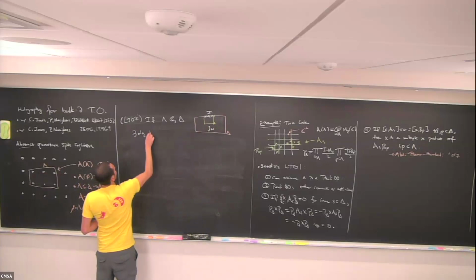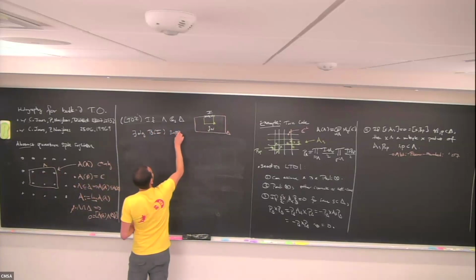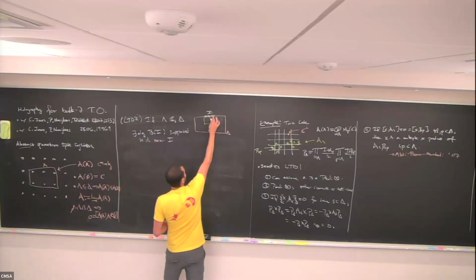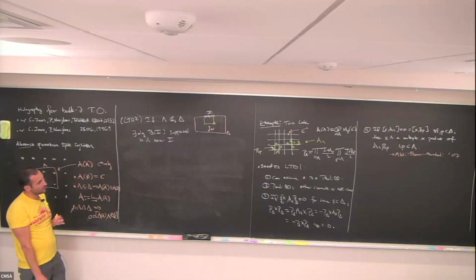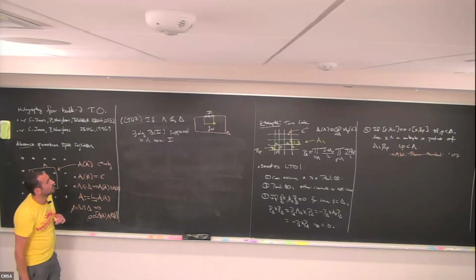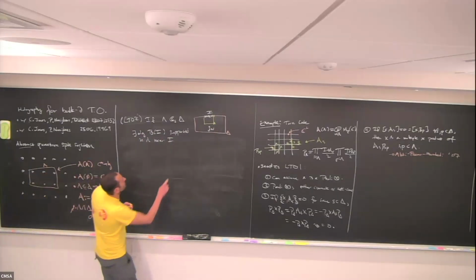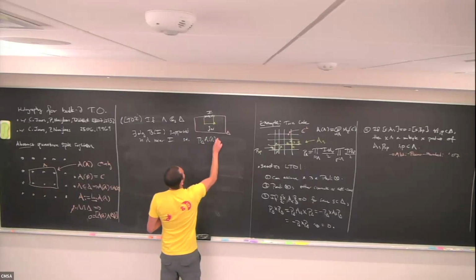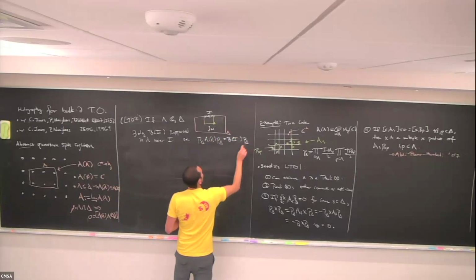there exists an algebra, B of I, supported in lambda near I. So this I is kind of fuzzy. It's just fuzzy, right? So it's going to be right up there near I, not exactly on I, such that if I compress A of lambda by P_delta, I'll get B of I times P_delta.